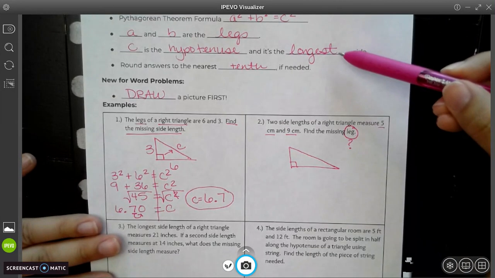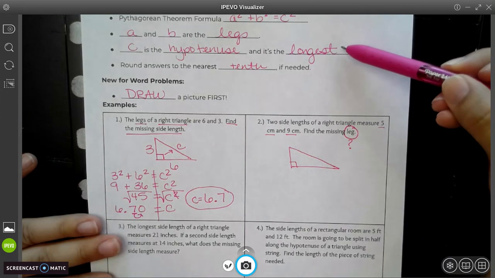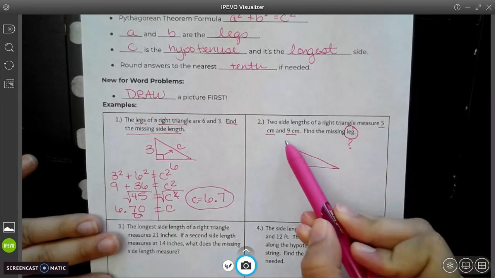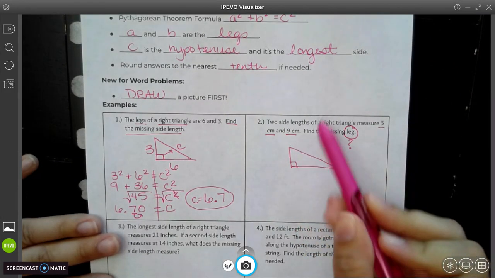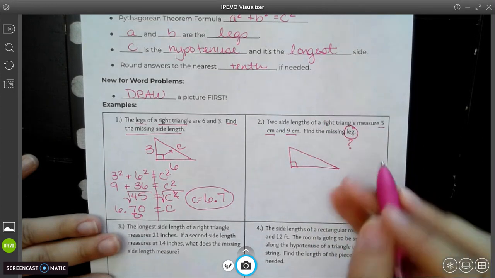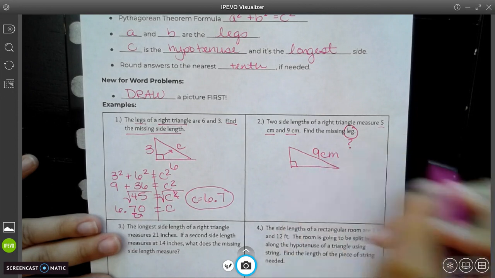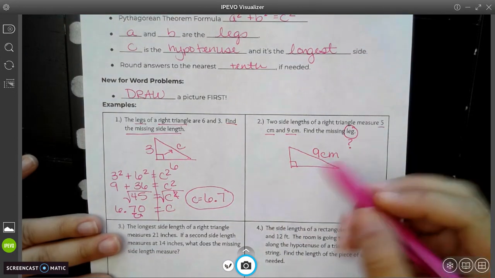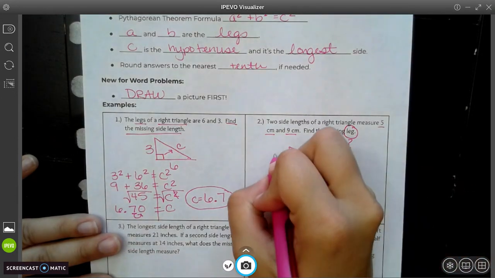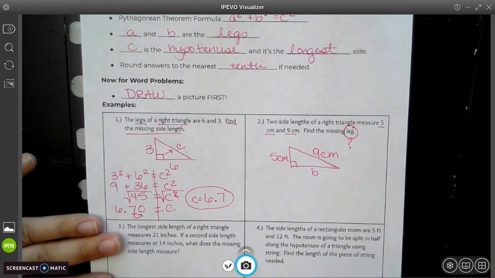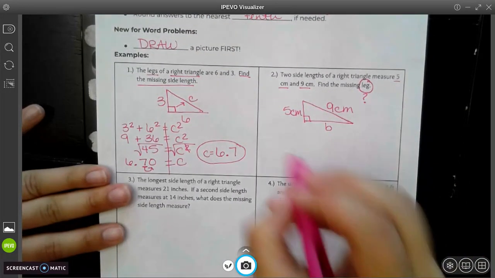Remember when I said earlier that remembering that the hypotenuse is the longest is going to be helpful, and that's for this problem. If we have 5 and 9, we need the longest one, so the bigger one, to be the hypotenuse. So that makes the hypotenuse 9 centimeters. Since legs can be interchanged, we're just going to label one of them with the 5 centimeters, and we're going to find the second one.